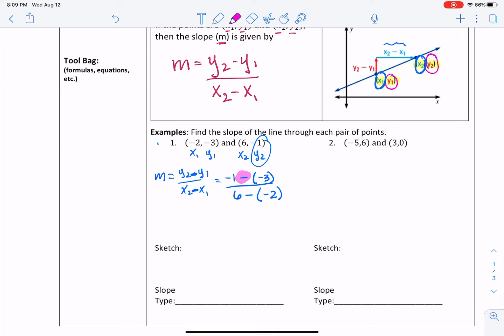And again, this minus must always be there. It's going to change as we do this. This becomes negative 1 plus 3 and 6 plus 2. So that's 2 over 8, which is 1/4.